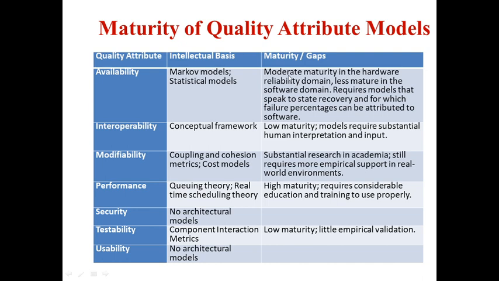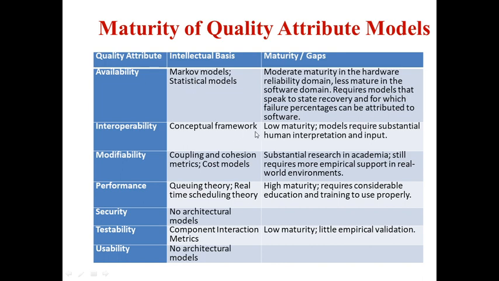So whether it is a mature model or moderate model, whether it can be used or not. Moderate maturity in the hardware reliability domain, less mature in the software domain, requirements models that speak to the state recovery for which the failure percentages can be attributed to the software. So this tells about the maturity, how it is going to be used for this particular model.